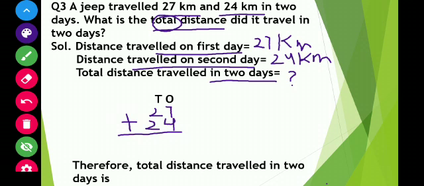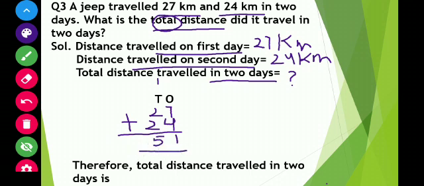Now starting with the ones column, 7 plus 4 is equal to how much? Tell me children. Yes, 11, but we cannot write this 11 over here, so we will write 1 and 1 will be carried to the tens place. Now add 2 plus 2 plus 1, which is equal to 5.